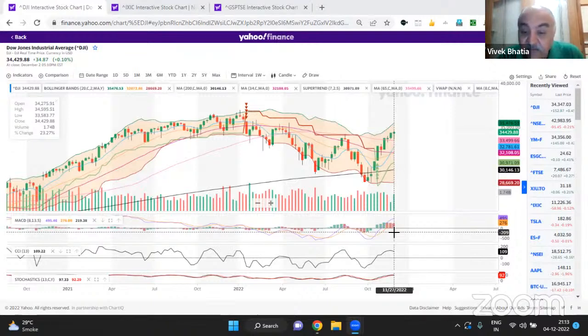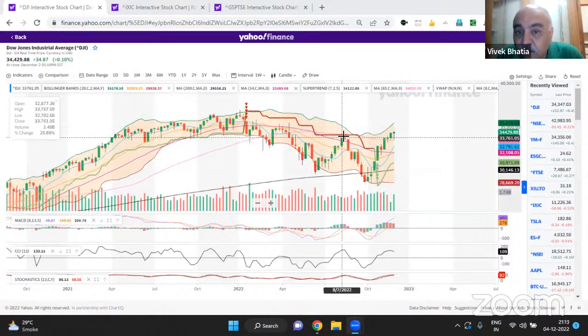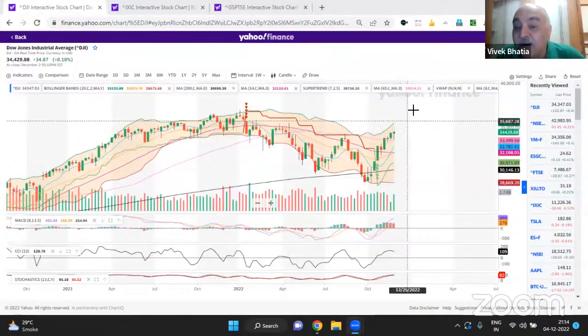Clear? Fifth, if you ask me, your price has just crossed the super trend weekly level of almost 34,122. It has broken out and broken above that level of resistance.